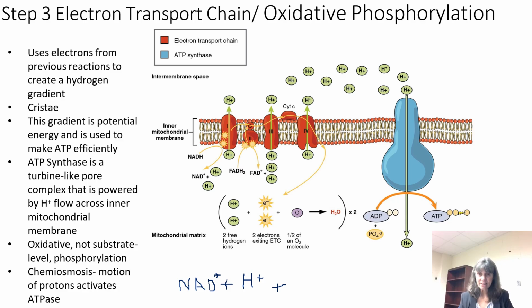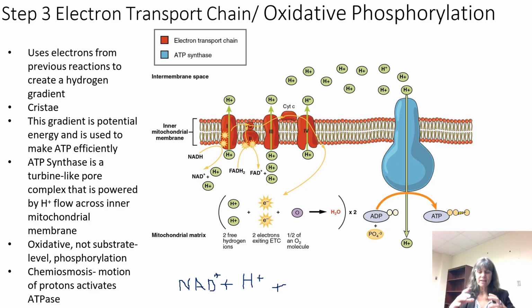So now we're at the electron transport chain, and the electron transport chain is going to use electrons from the previous reactions to create a hydrogen gradient. Now, the electron transport chain consists of a series of proteins, and there's a bunch of different proteins with different names that are embedded in the cristae of the mitochondria.